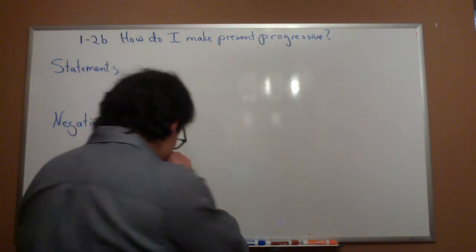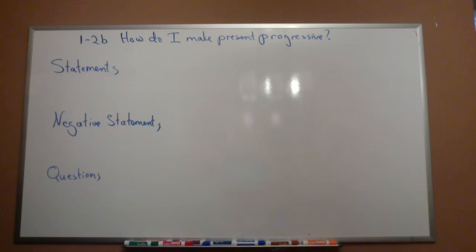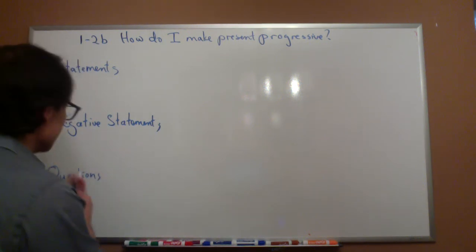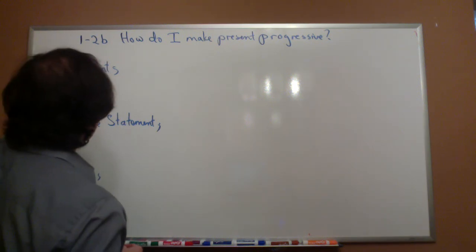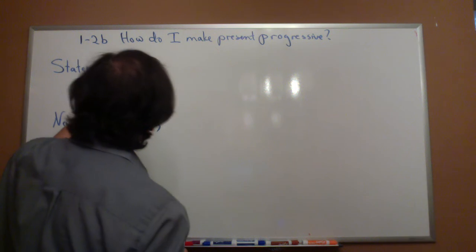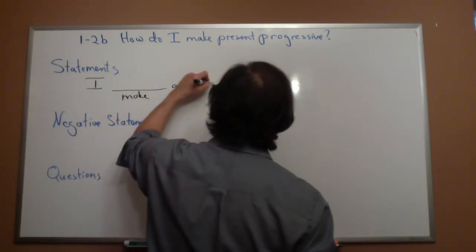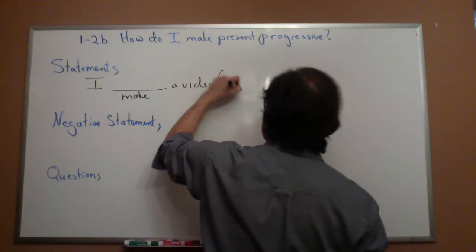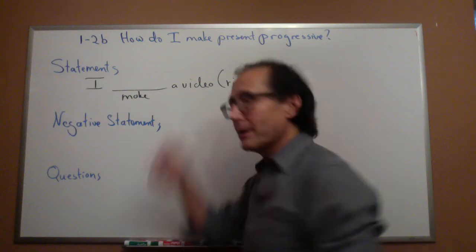So let's say I want to make a statement in present progressive. Let me see if I have a black marker here. Yeah, okay. Let's see here. I blank make a video. And I'll put "right now," just to be clear that I'm talking about right now.